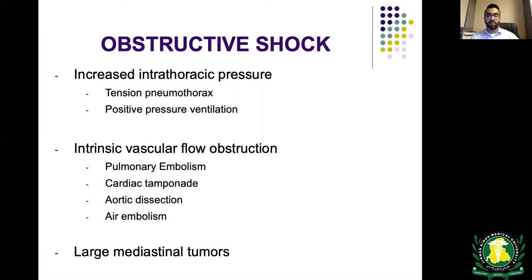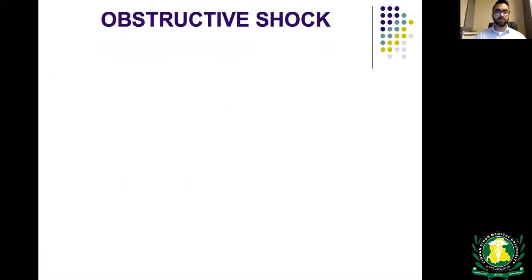Pericardium usually holds about 20-30 cc, and you can have as little as 50 cc of blood in there following trauma or whatnot to actually cause cardiac tamponade. And then aortic dissection, any of these categories blocks the vascular flow through the cardiopulmonary system, resulting in obstructive shock. And also large mediastinal tumors with compressive effects on the airway, heart, blood vessels, resulting in shock.